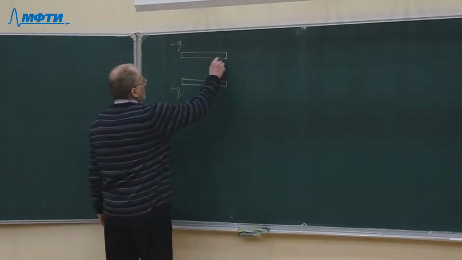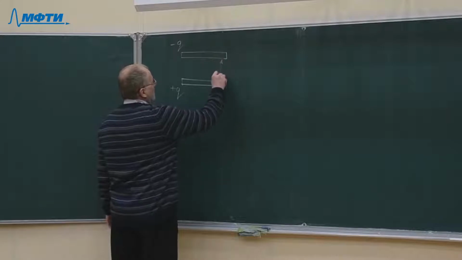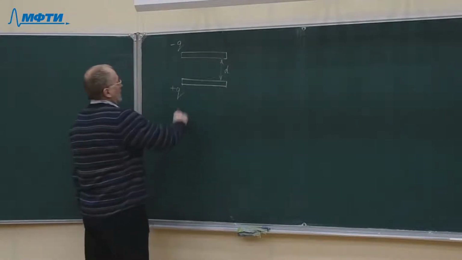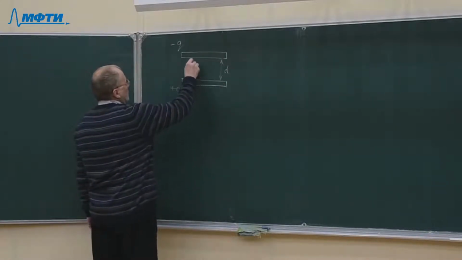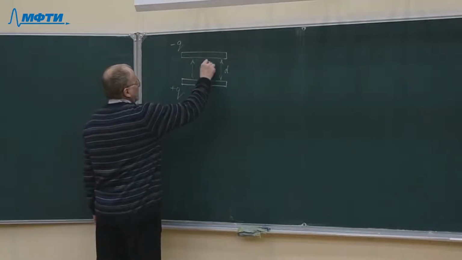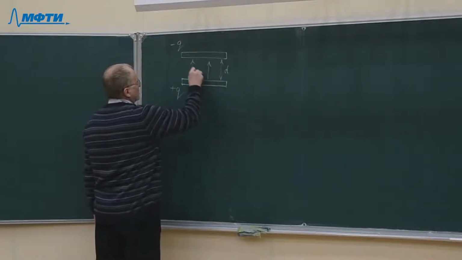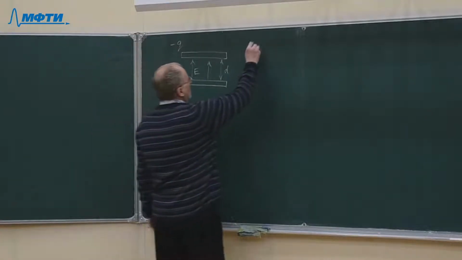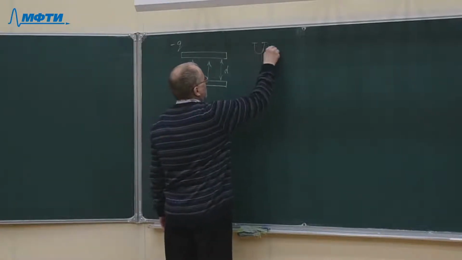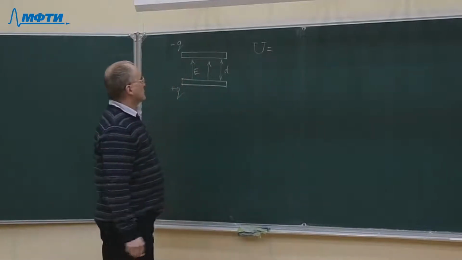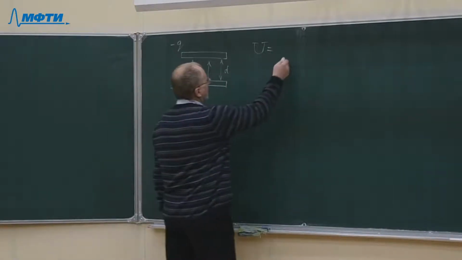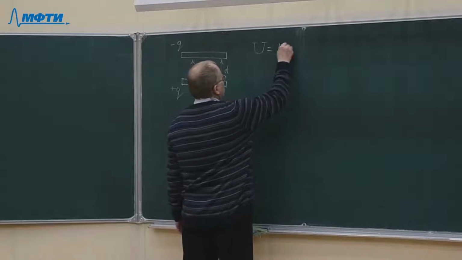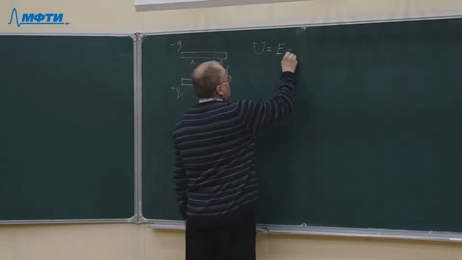If we know the distance between the plates, and if we know the field intensity or the field strength inside the capacitor, then we can easily calculate the potential difference or voltage between the plates of the capacitor. That will be field strength times distance.